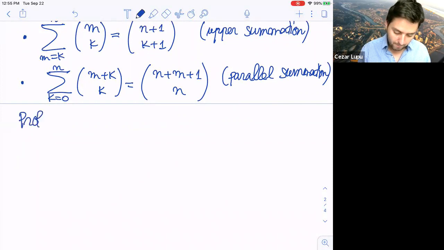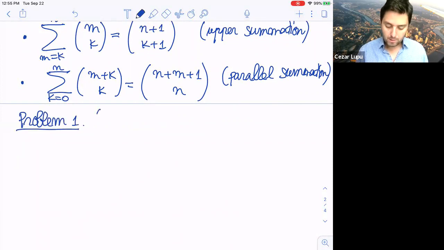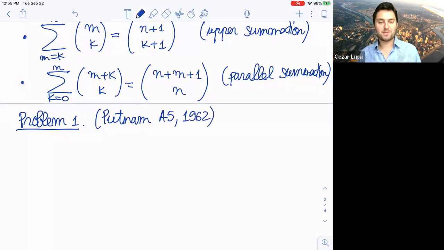So problem 1. This was a Putnam A5, pay attention, 1962. I think I've done a geometry problem from 1962. For some reason, I have a problem with this Putnam from this year. Actually, their problems are really nice, surprisingly.